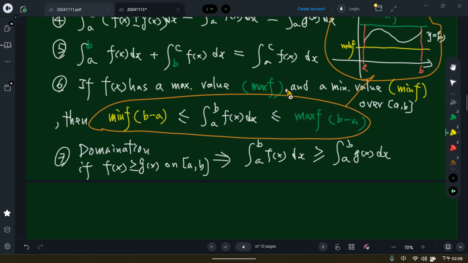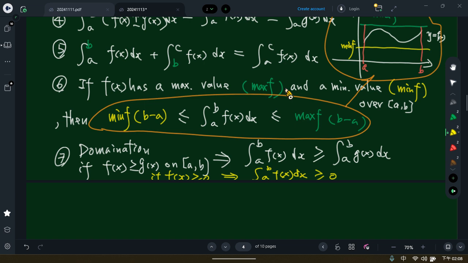So especially if f of x is positive, or is larger than or equal to 0, then we can conclude that the integral from a to b of f of x, the result will also be positive. Right?